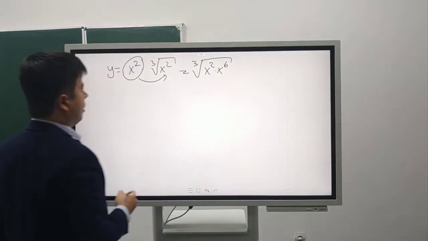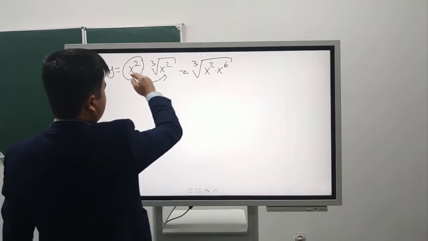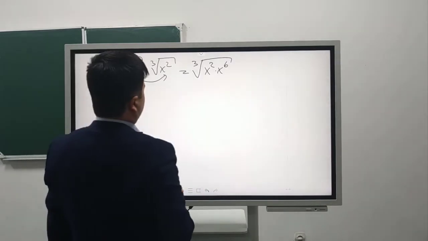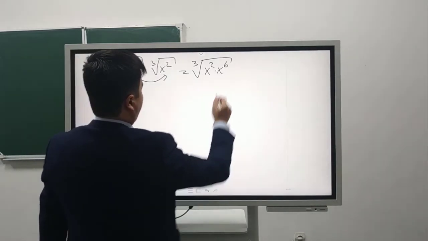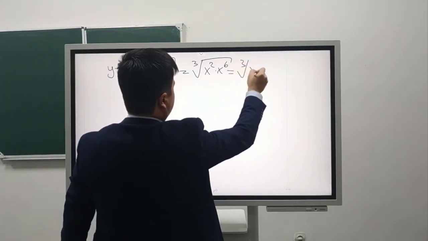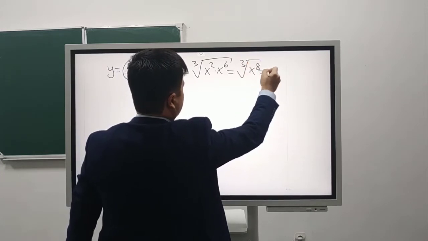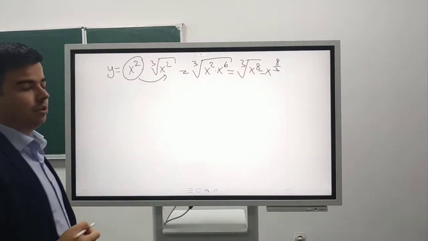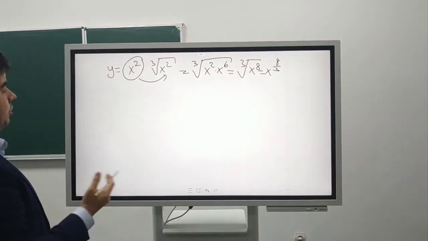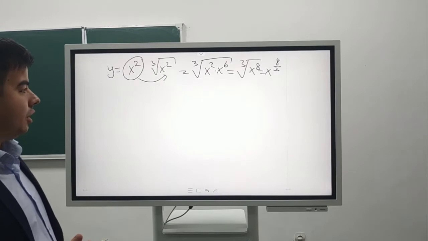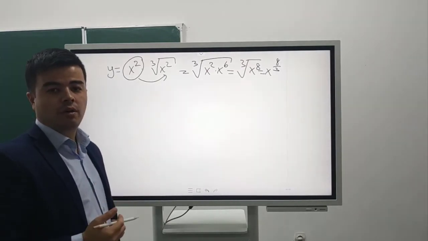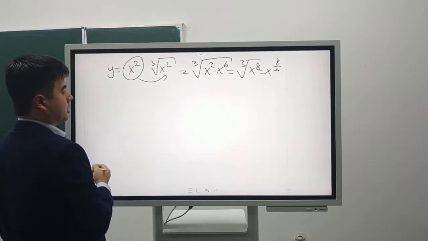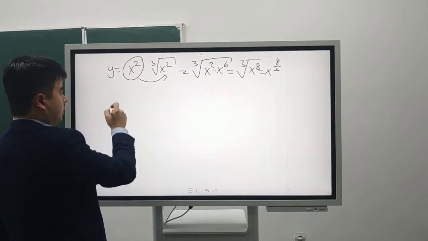Yes? Because we need to multiply it by 3. And now we have here the cubic root of x to the 8th power, or just x to the power of 8 over 3. And now let's use one more time the derivative of the power function. So here we have x to the 8 over 3, the derivative of this one.